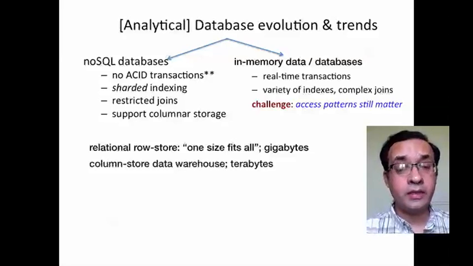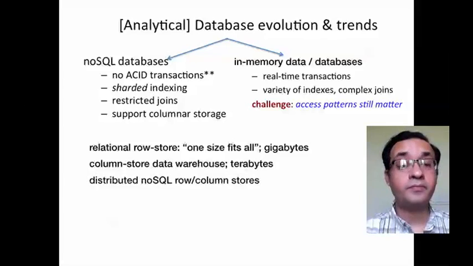Then, when we have large volumes, large number of columns, we went into column store data warehouses and terabytes of data. So the data warehouse technologies like Teradata, Oracle Data Warehouse, and stuff like that, they can deal with column stores and terabytes of data.